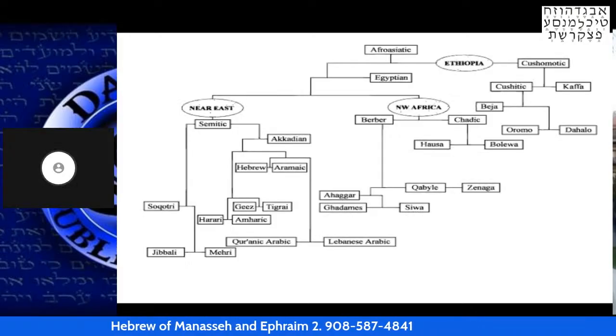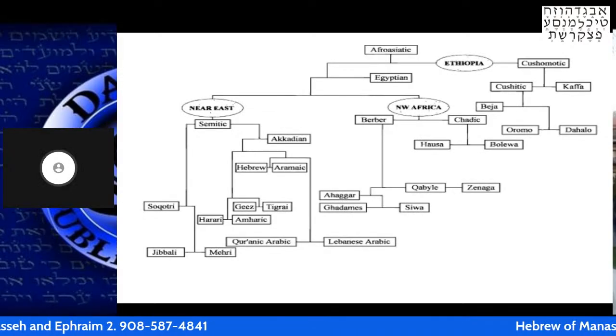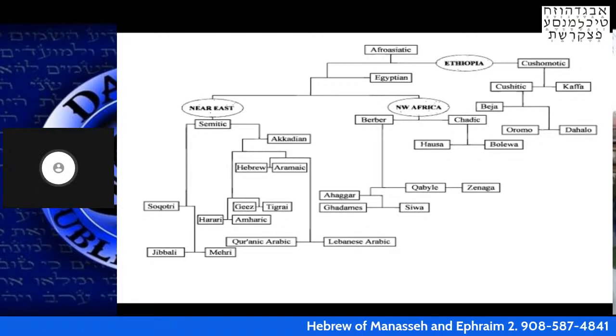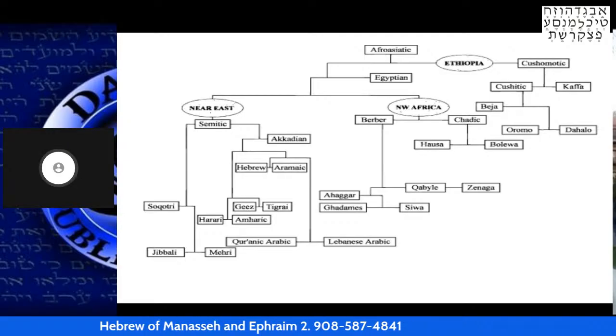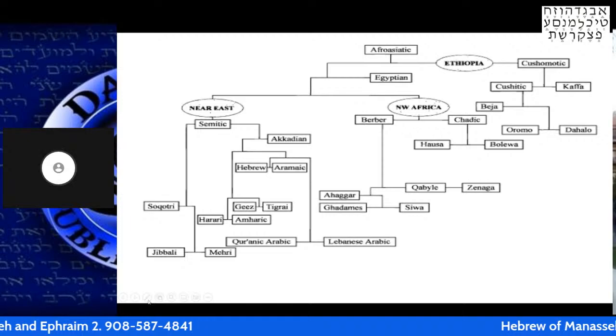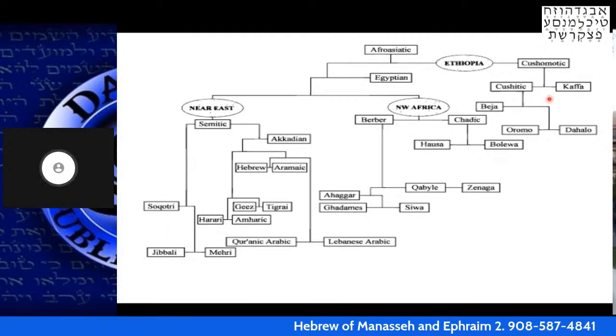What we are looking at here, brothers and sisters, is the list of the Afro-Asiatic languages. We see Ethiopia, Kaffa Cushitic, and Egyptian.